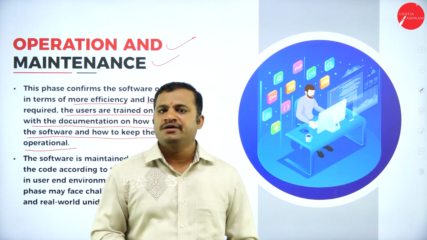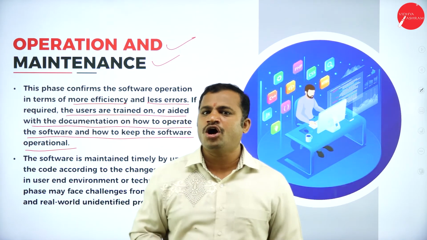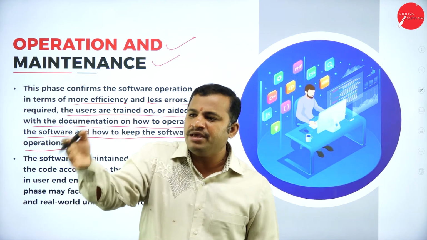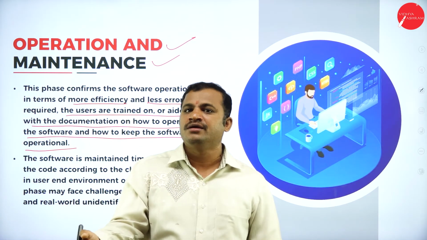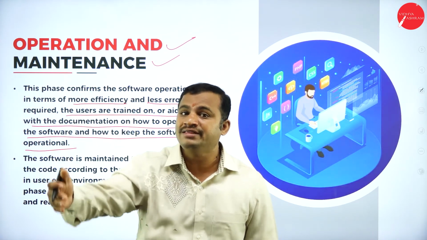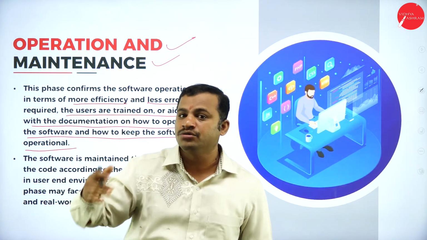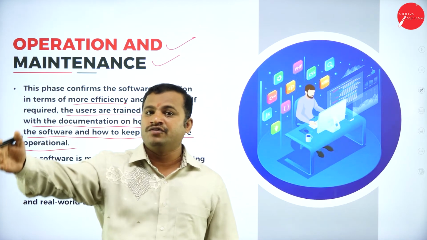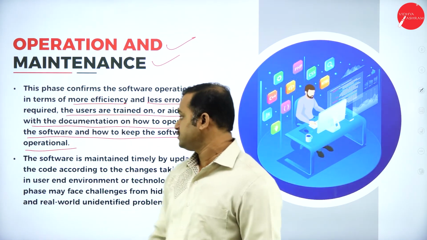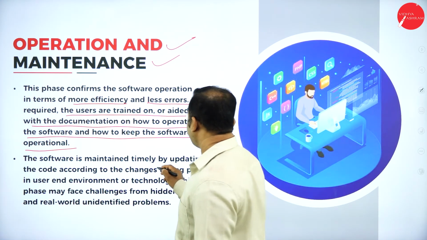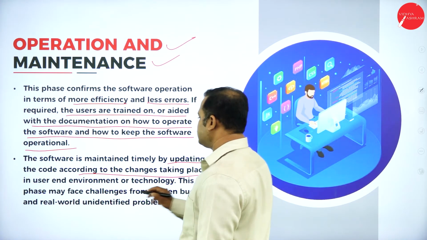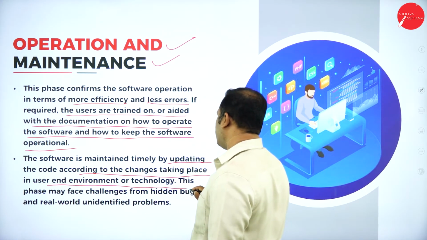We are going to check whether the software is efficient or not, whether there are suitable people who are very much familiar with the use of that software. If they are not familiar with it, then we have to train them as to how they can make use of that software for their work and make it operational in their place. The software is maintained timely by updating the code according to the changes taking place in the user, environment or technology.